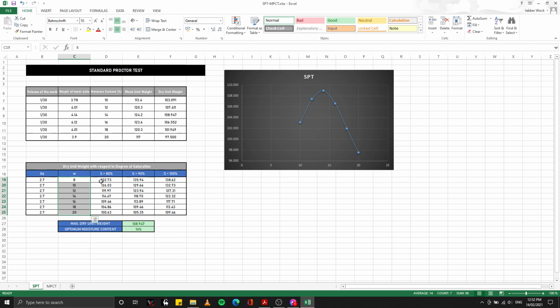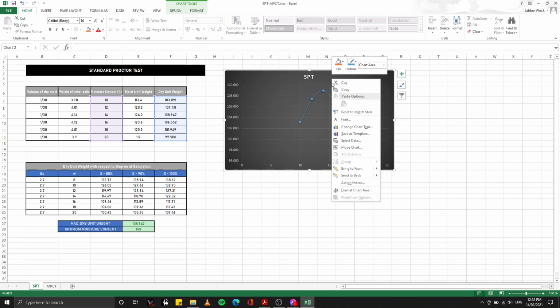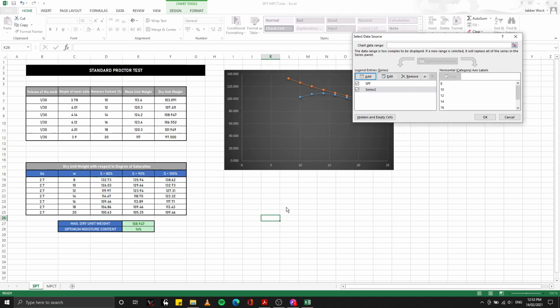So, meron tayong Y values na 80%, meron din tayong values na 90 and 100%. Okay? So, again, ito tayo sa select data, add. Then, ang X values would be this one. Okay? Y values would be, first is ang 80%. There we go.